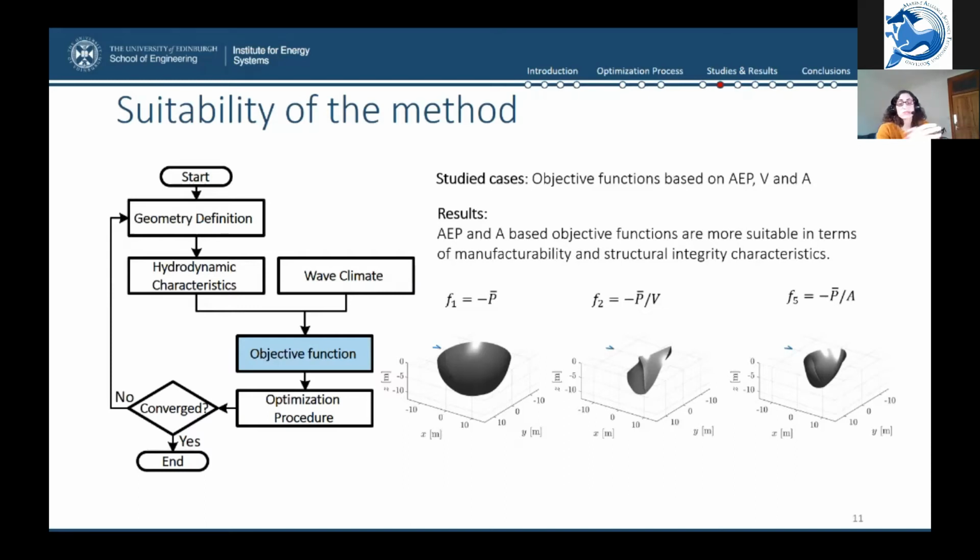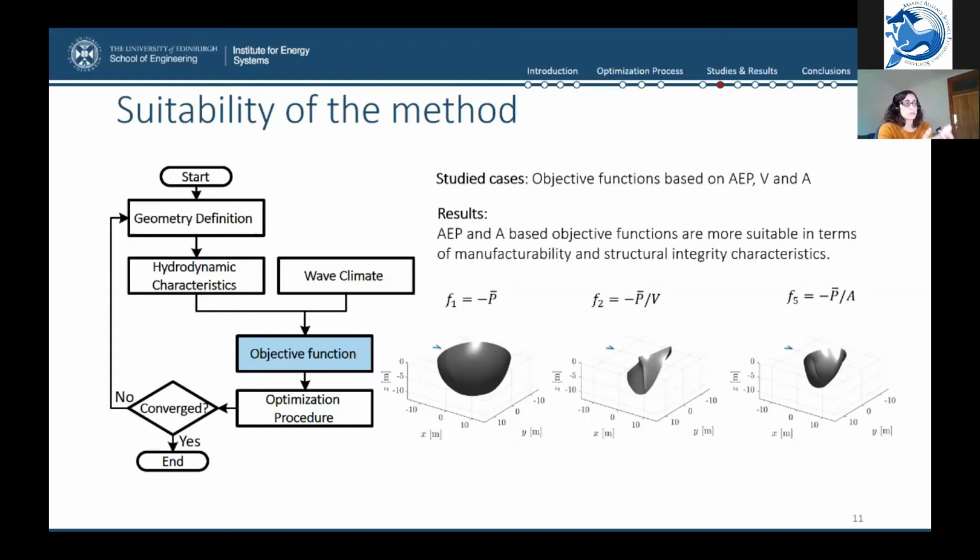But also due to this larger cross section, it means we can have internal reinforcement structures, which would probably not be possible or would be very difficult in the shapes optimized considering submerged volume as a proxy for costs.